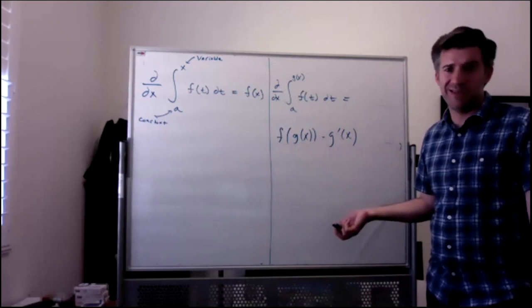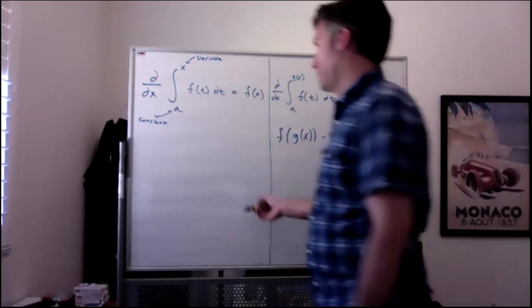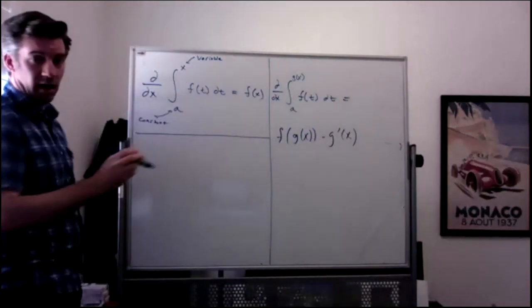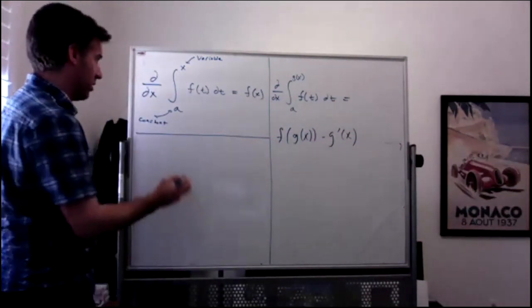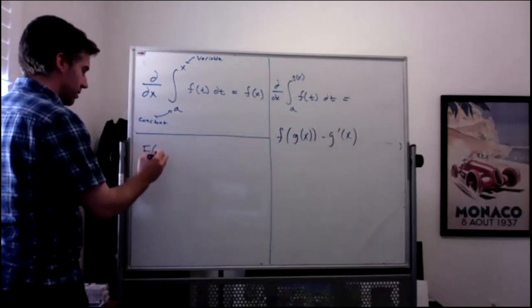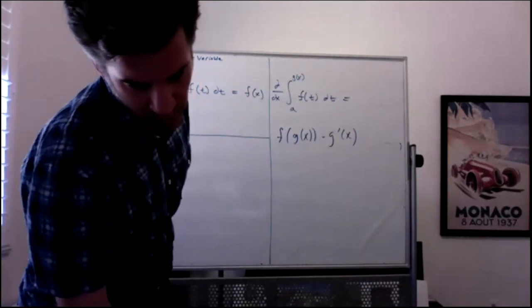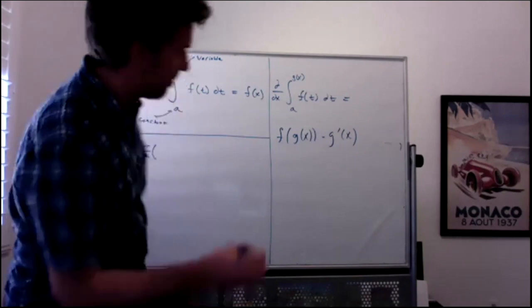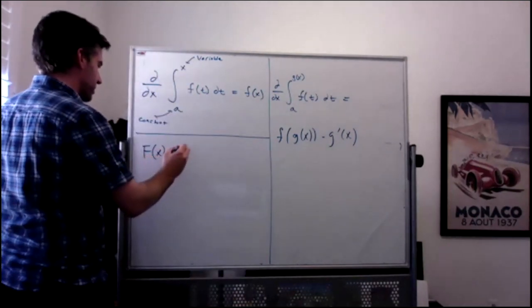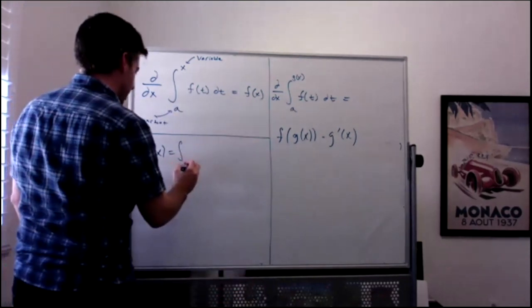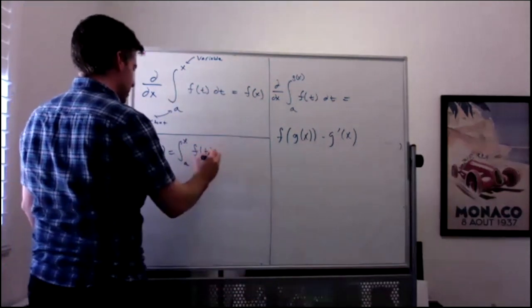And really, it's just the chain rule. What's happening here, right? If you remember, I'm going to go back a little bit to the definition. We said capital F of x is the integral from a to x of f of t dt.